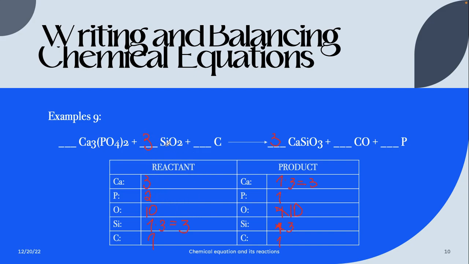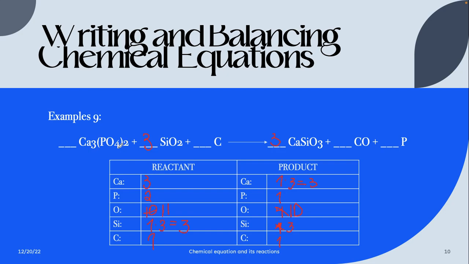We have 3 silicons, but oxygens, we have now 8, 11. Okay, we have 11 on the oxygen.